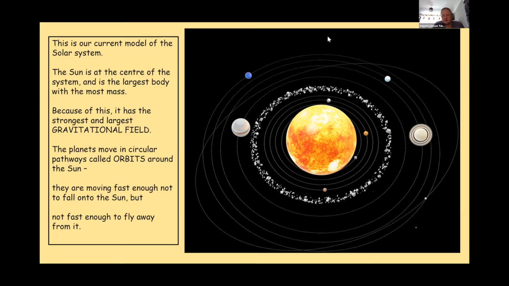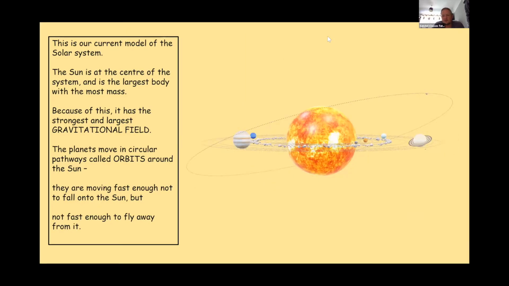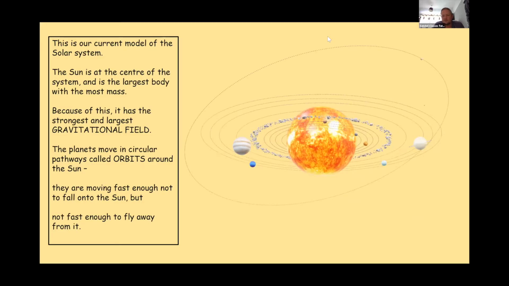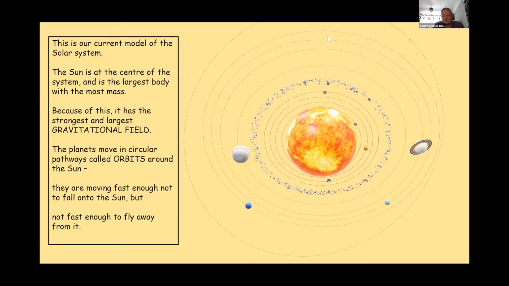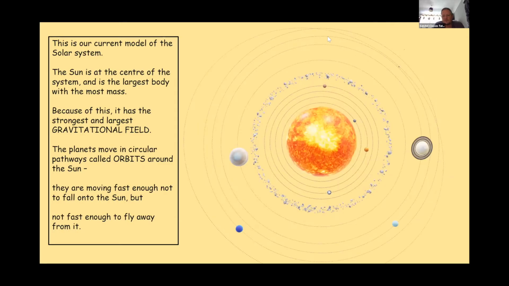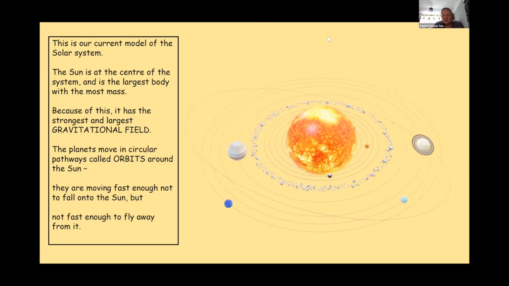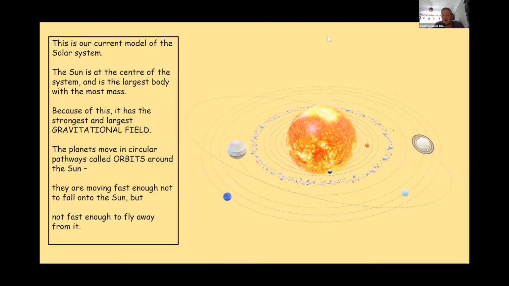This is our solar system in 3D, top to bottom. And you can see that most of the planets are in orbit in line, with one exception.